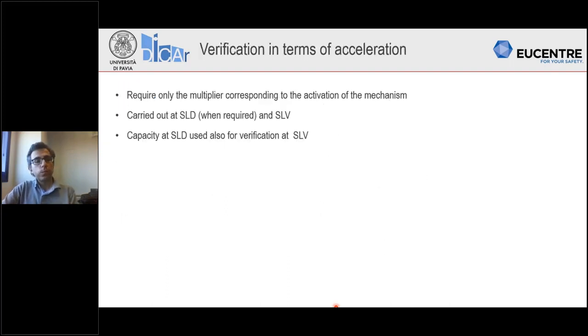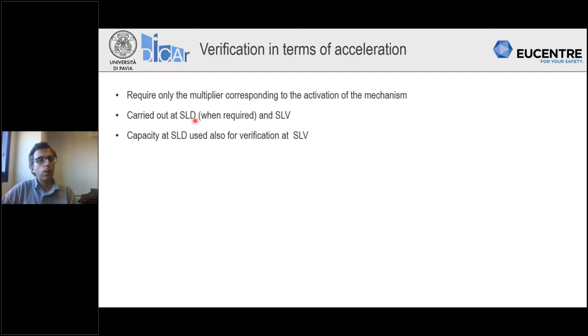Now, the last part of the assessment is the performance of the verification in terms of acceleration. In the linear analysis, you are required only the load multiplier corresponding to the activation of the mechanism.